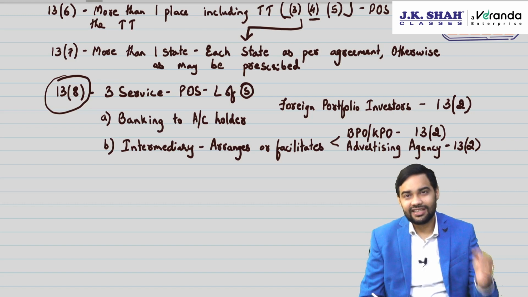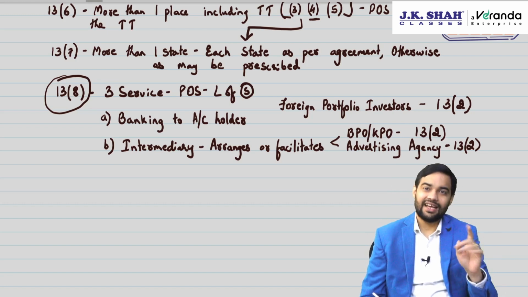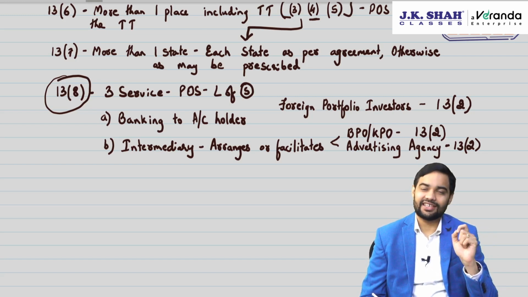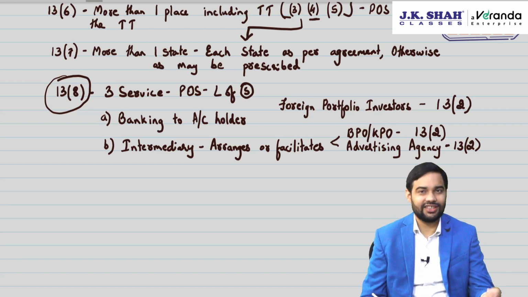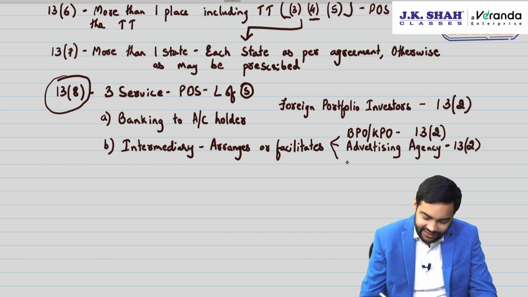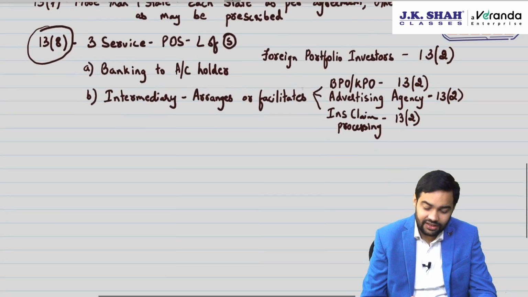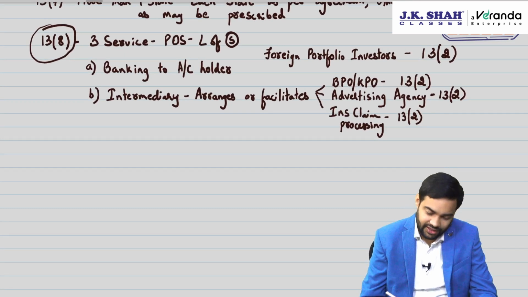So intermediary is the one who doesn't do anything except for connecting supplier and recipient. If the intermediary is doing anything extra, then it is not a case of 13.8 because he is doing that service on his own account. Then insurance claim processing. So say suppose a company does insurance claim processing on behalf of a foreign company, then again it would be a case of 13.2 because they are doing this service on their own account.